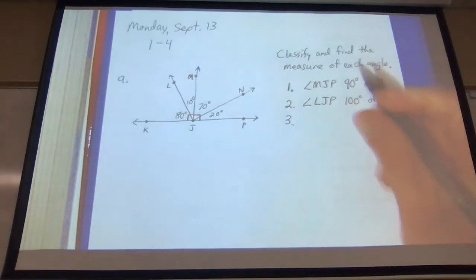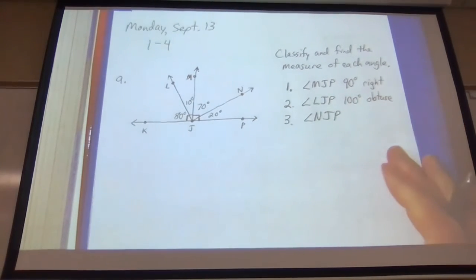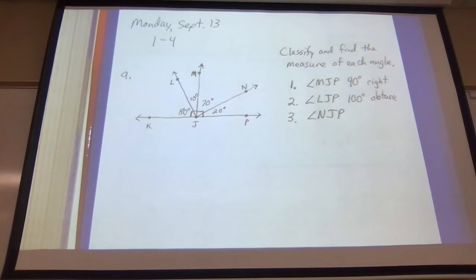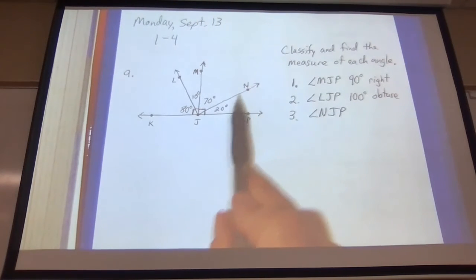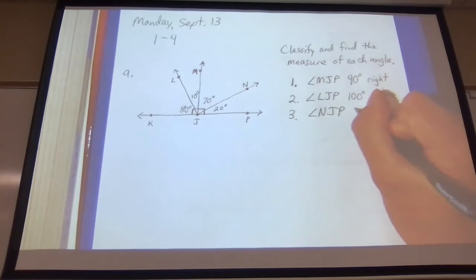All right, one more together. Angle NJP. Now that everything's marked for us up here, it's pretty easy. If you look at angle NJP, inside of angle NJP, you've got 20 degrees. That means it's a 20-degree angle.